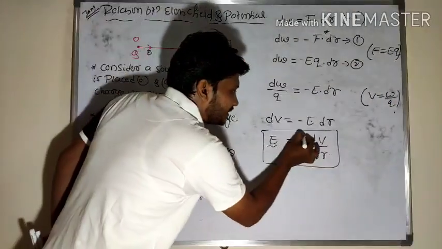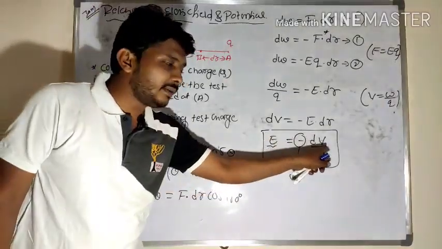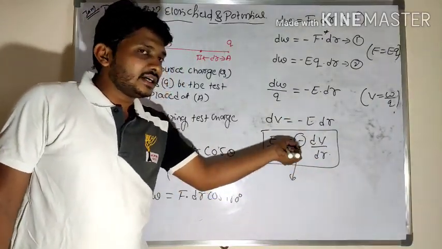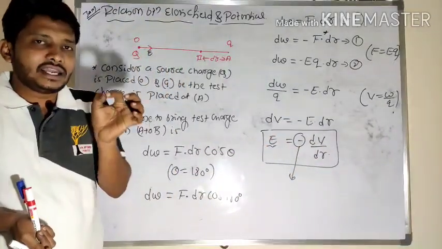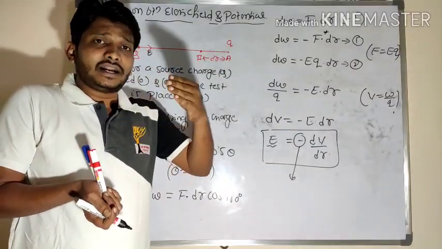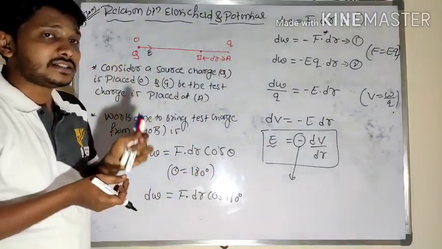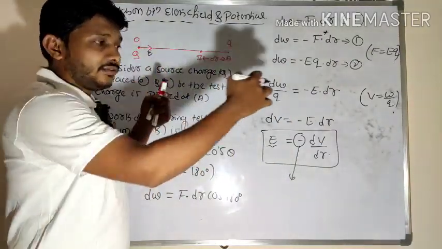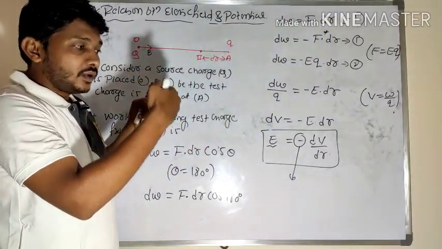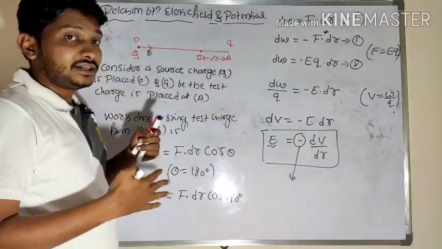What is the significance of this negative sign here? E is equal to minus of dV by dr, so the negative sign indicates that the direction of electric field is in the direction of decreasing potential. So this is the direction of electric field you may think, and its potential value goes on decreasing along the direction of the electric field.